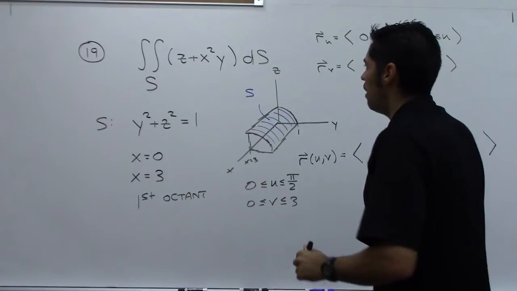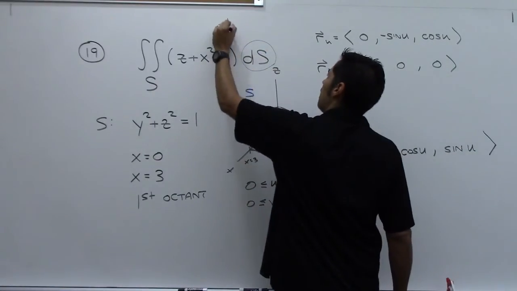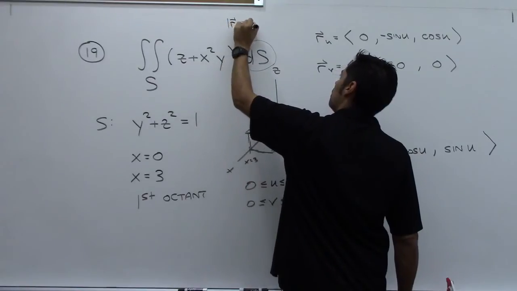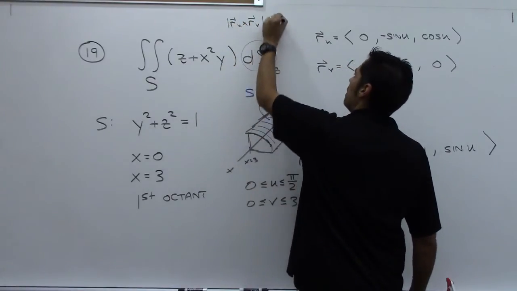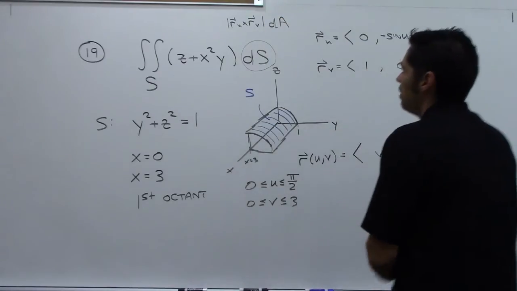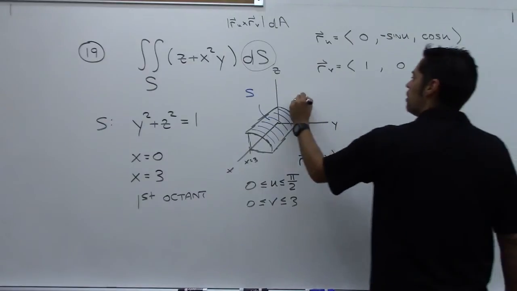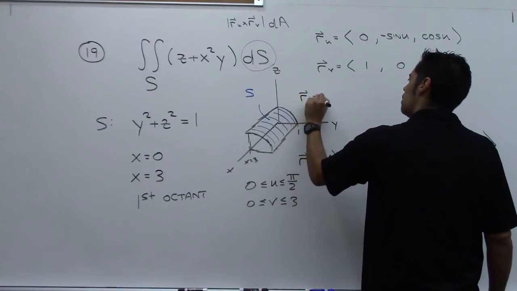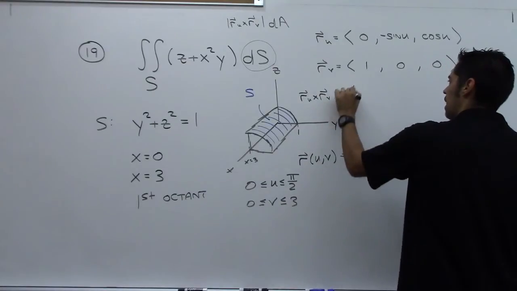Now remember, what I'm trying to do here is get this part of it, dS. And dS was the magnitude of the cross product of the partials, dA. So that's what I'm going for here. The cross product, partial r with respect to u cross the partial of r with respect to v, is going to be a vector.